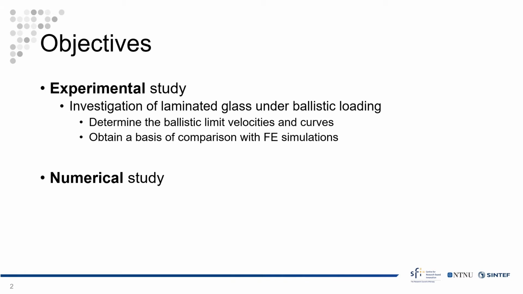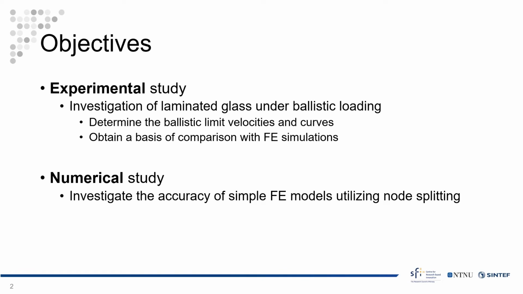We also used these experiments to obtain a basis of comparison with numerical results. In the numerical study, we wanted to investigate the accuracy of relatively simple finite element models, and how well these models would recreate the ballistic tests. In these simulations, we used node splitting.